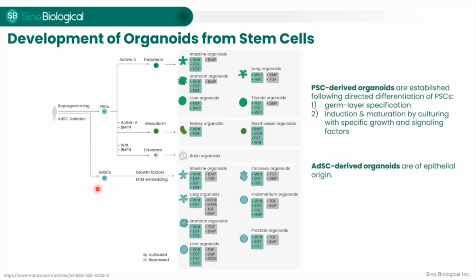Adult stem cell-derived organoids are of epithelial origin. These adult stem cells are isolated from specific tissues or organs and then cultivated in the presence of specific growth factors, as seen here, to organize and develop into distinct organoids like intestine, lung, stomach, liver, pancreas, and others.